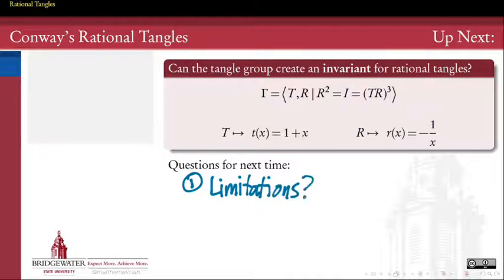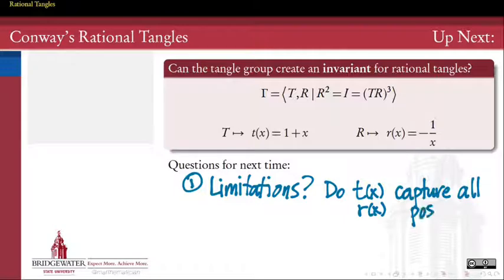In other words, is it possible that this t and this r might not capture all possibilities? Is there something that we can do to tangles which cannot be captured by this t and this r? Or is it a perfect one-to-one correspondence?